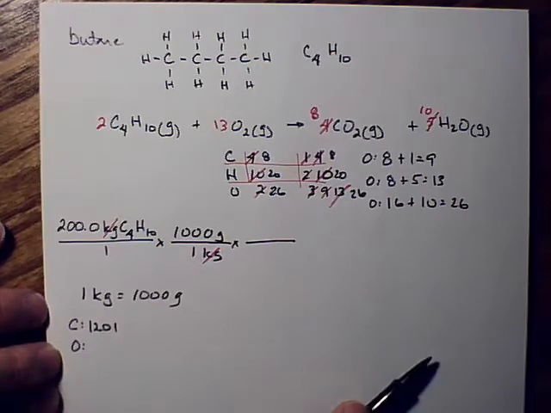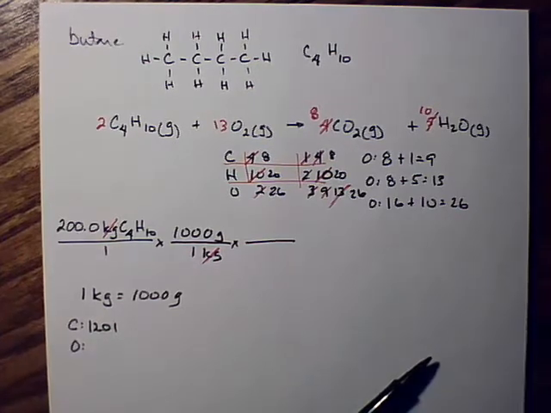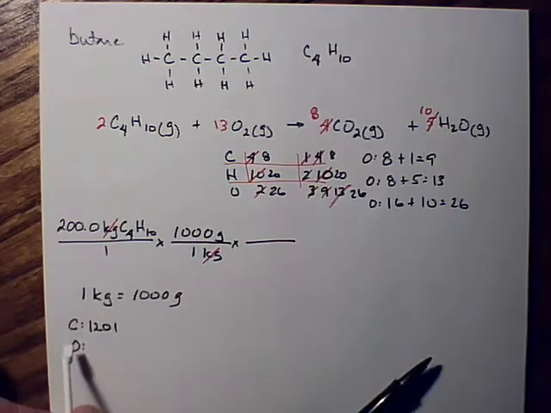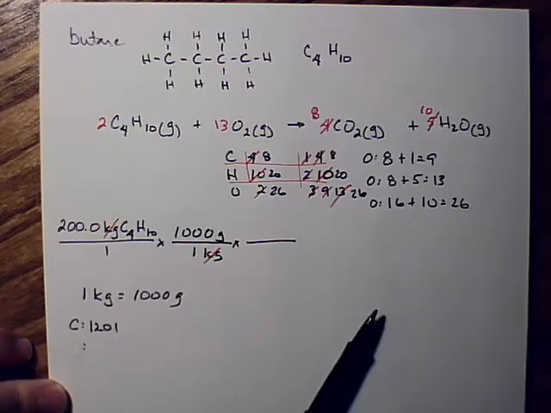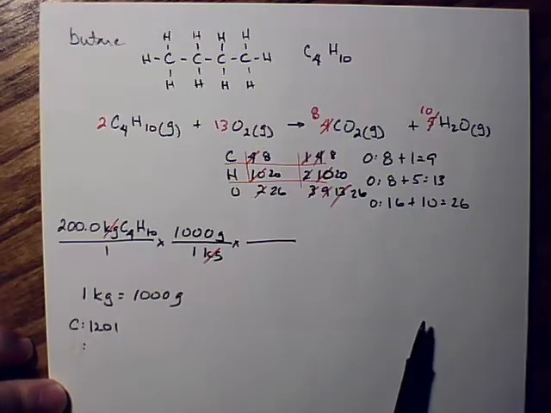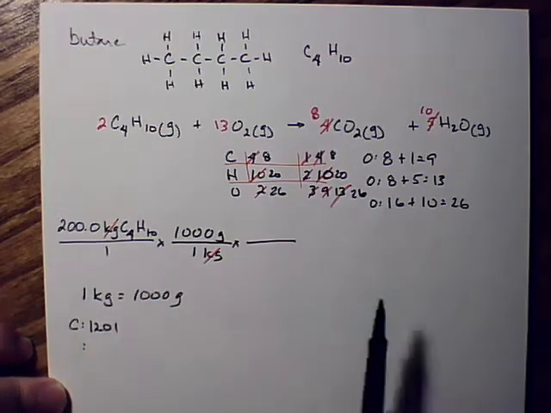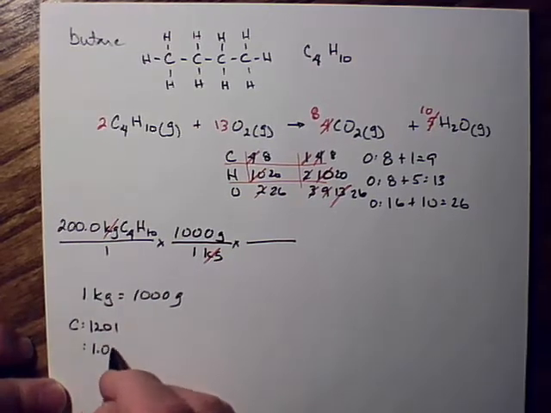Oh yeah, it should be hydrogen, shouldn't it? You're right. Should be hydrogen. Hopefully I would have noticed that in a second. Okay, so let's see. Hydrogen's atomic mass on that periodic table is 1.008.